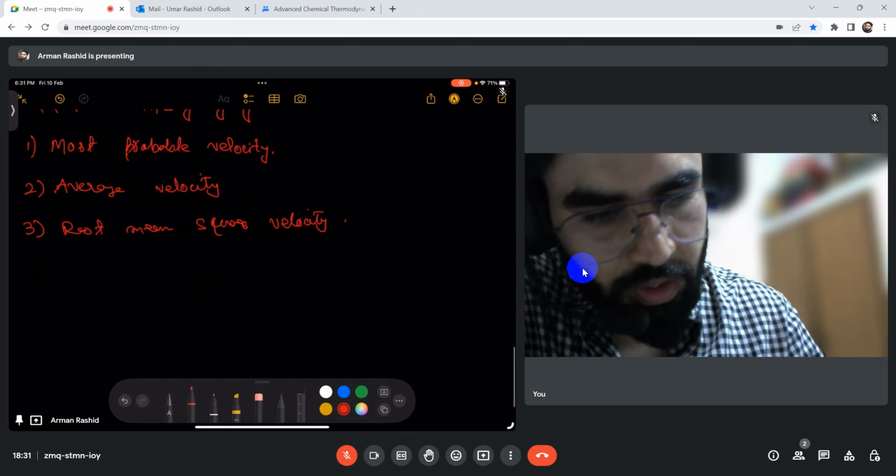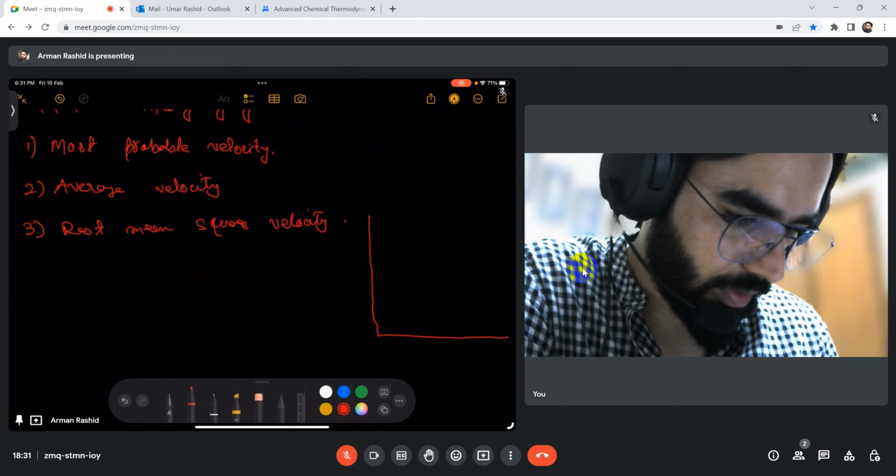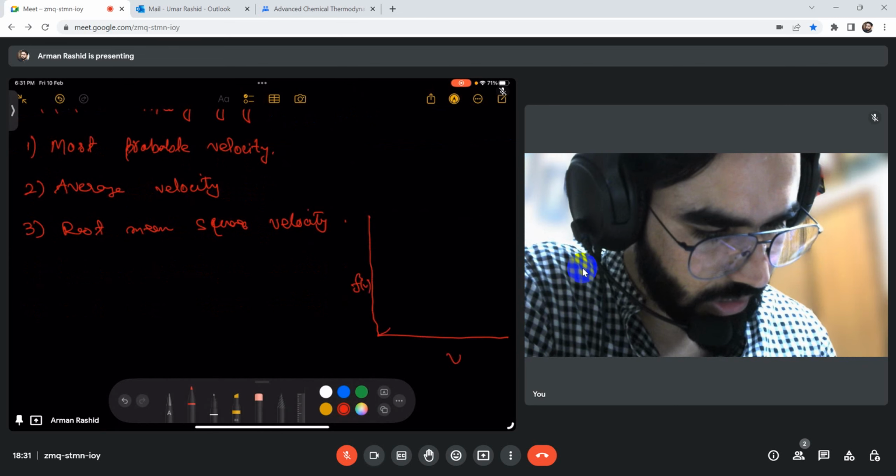Okay, so if we plot the Maxwell's function f as a function of the velocity v, we'll see a curve like this.